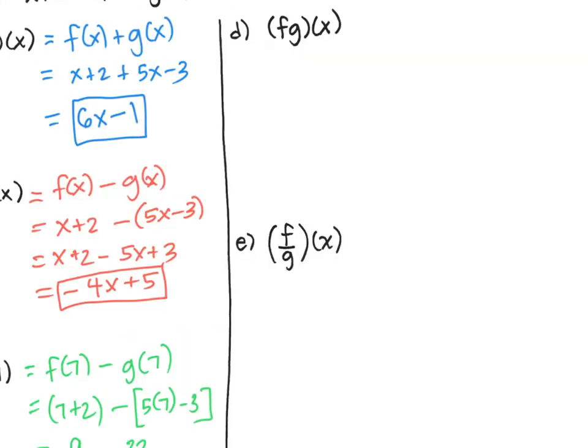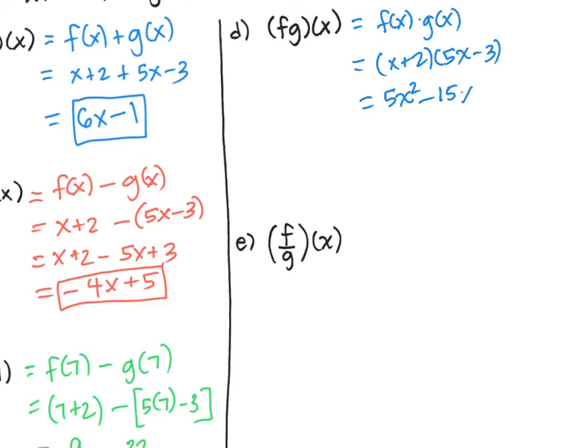Okay, the last two operations are multiplication and division. So if I want to do f times g of x, I'm really just doing f of x times g of x, and I do want the x to remain in my answer. So f of x is x plus 2 times g of x is 5x minus 3. And you do typically simplify this expression, so I want to have no parentheses or like terms.